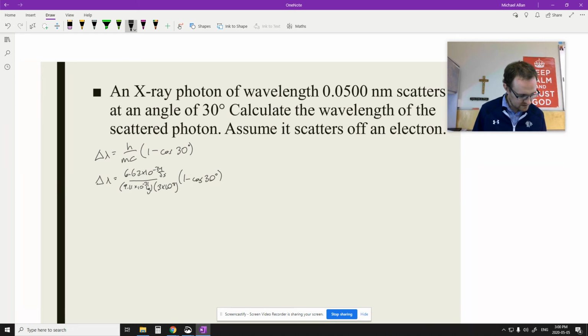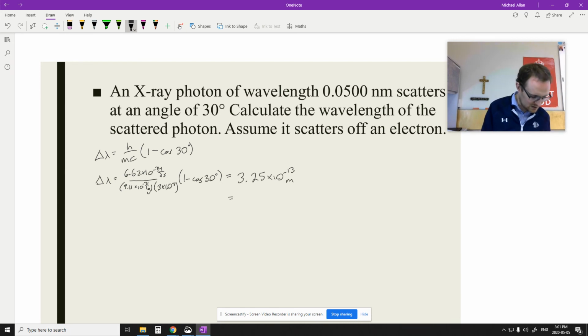And times, it ends up being the same number as before, that makes sense, times 1 minus cos 30 degrees, ends up being a change in wavelength of 3.25 times 10 to the negative 13 meters. So it changes, but just by a little bit.